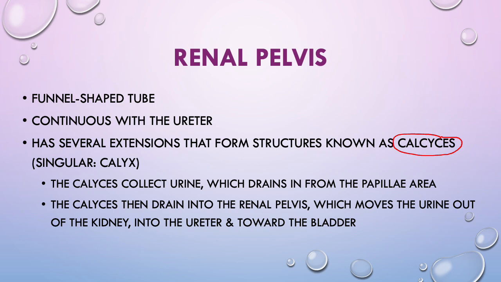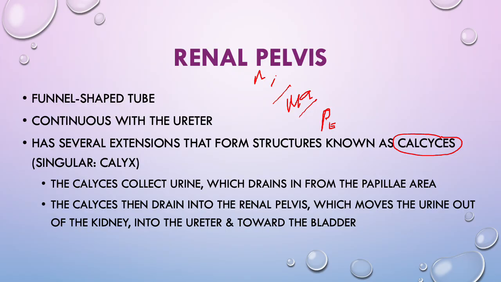We're going to have minor and major, okay? So we're going to have minor, then we're going to have major, and then we're going to have the pelvis, okay? And we're going to see it a little bit in the slide, okay?